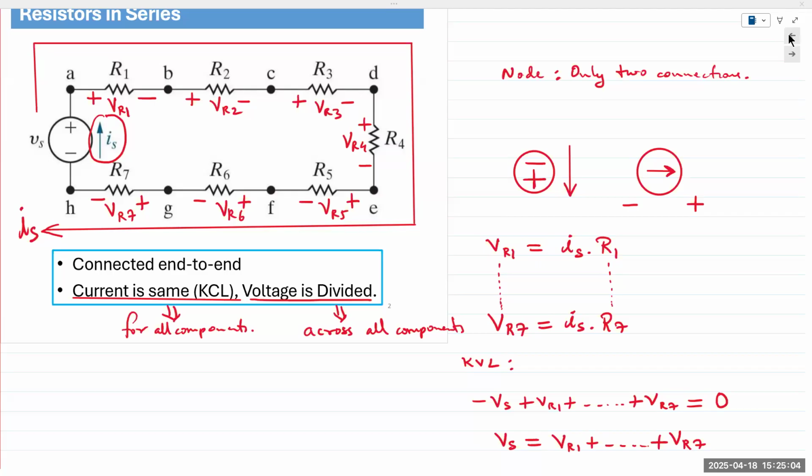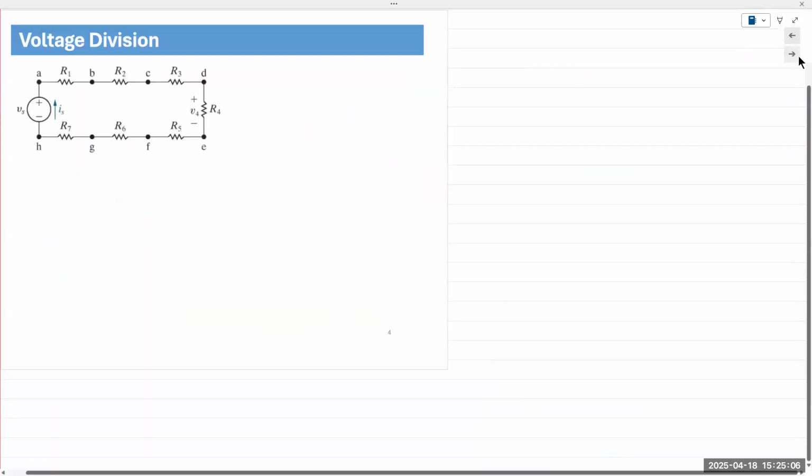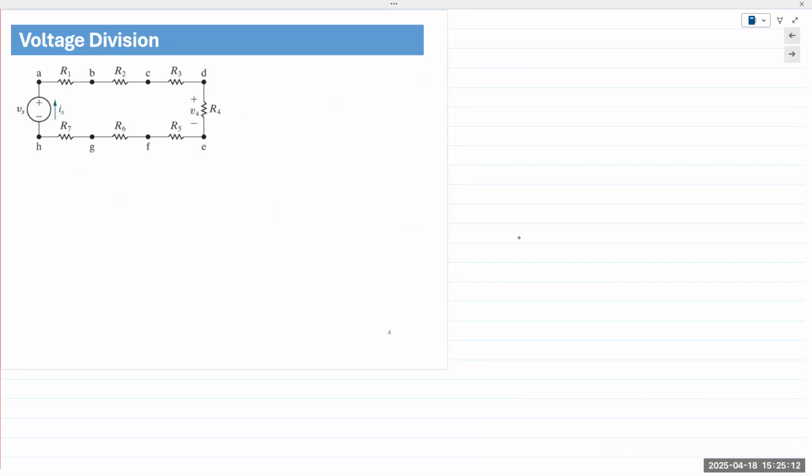All right, so since voltage is being divided, we can derive a technique to determine the voltage directly, and that is known as the voltage division principle.